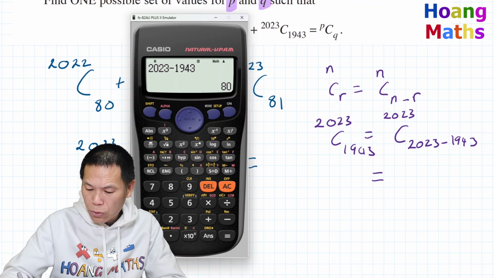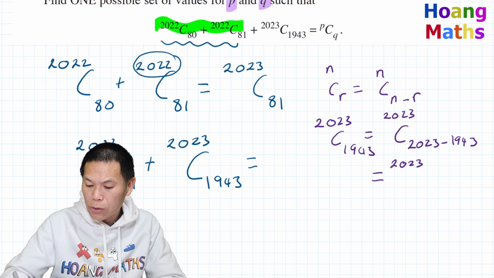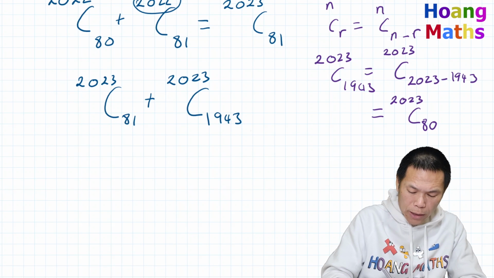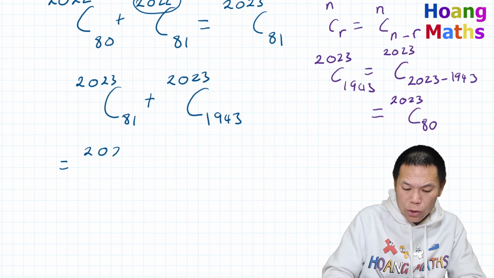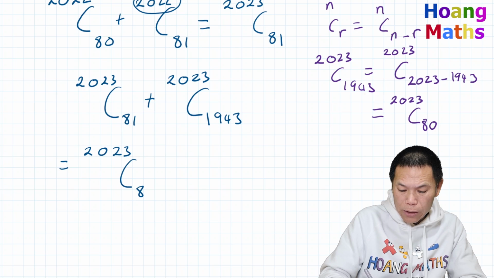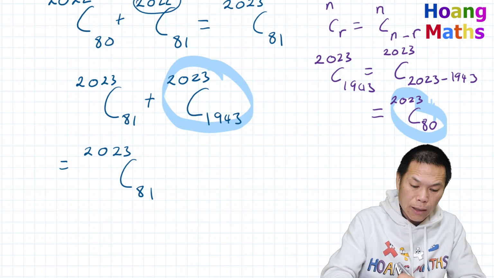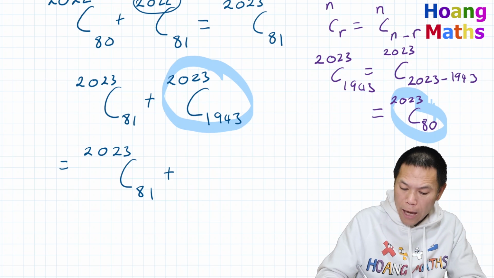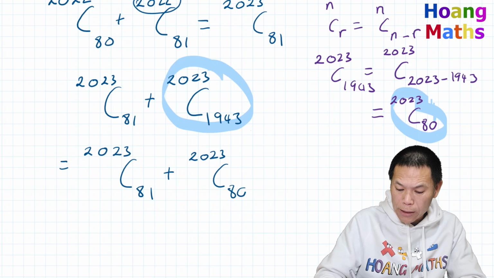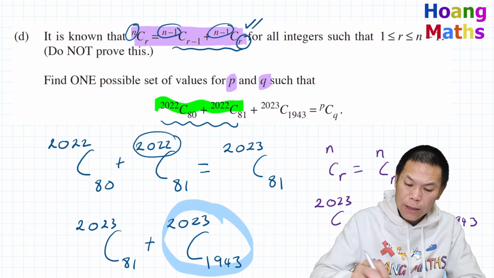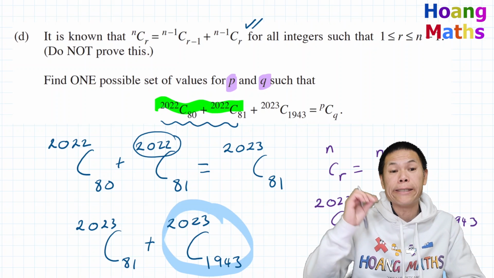So that is equal to 2023C80. So that means, let me write underneath here. So that is equal to 2023C81. So we add this, it means this one here. Okay, so keep that in mind. So that is 2023C80. So therefore, using the fact above here, so that will give me nCr.